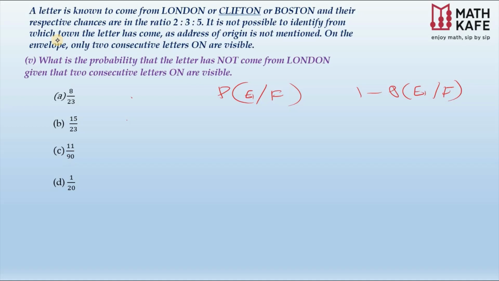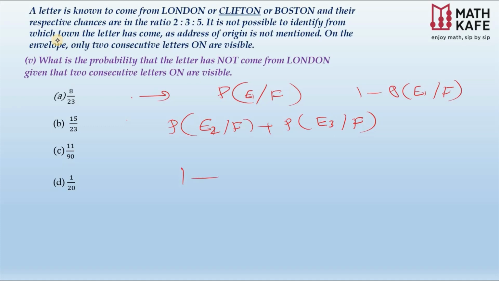Otherwise, you can find the case of Clifton or Boston, that is P of E2 given F plus P of E3 given F. Comparatively, the first method is easier, so going for the first method, 1 minus P of E1 given F.